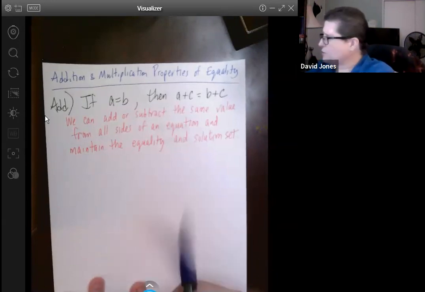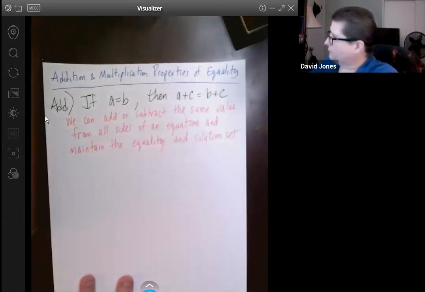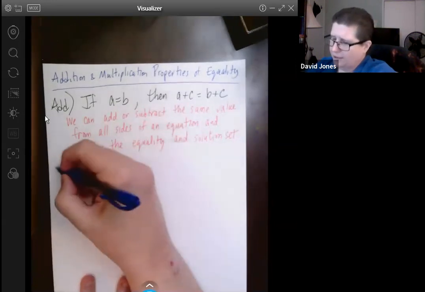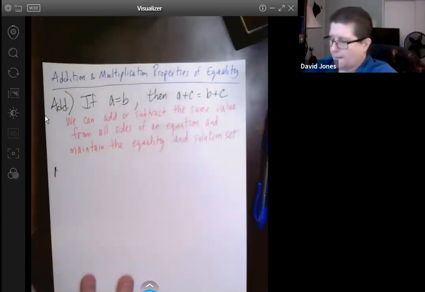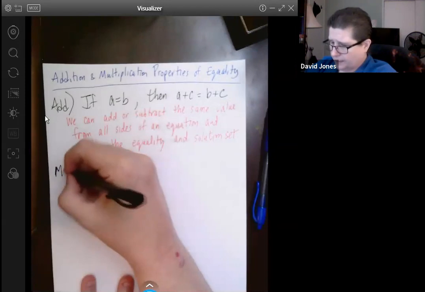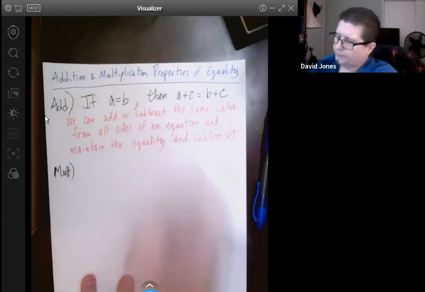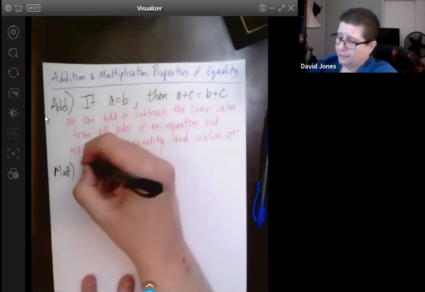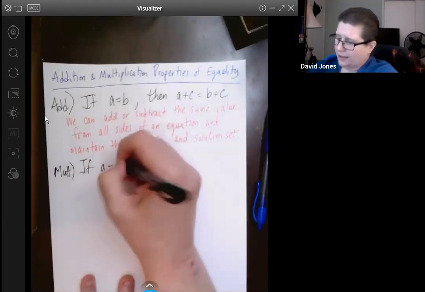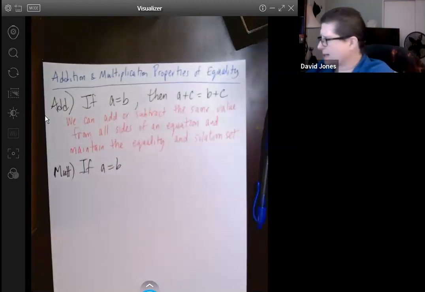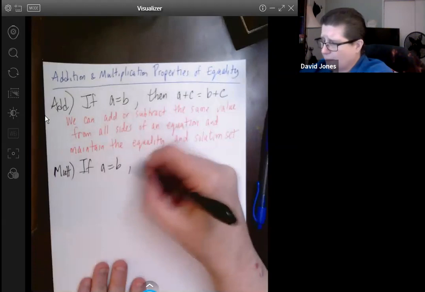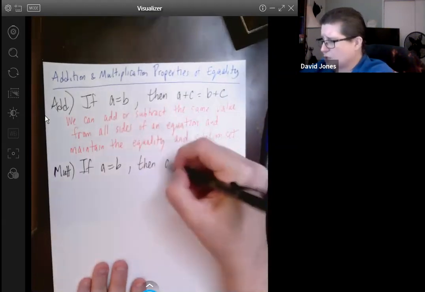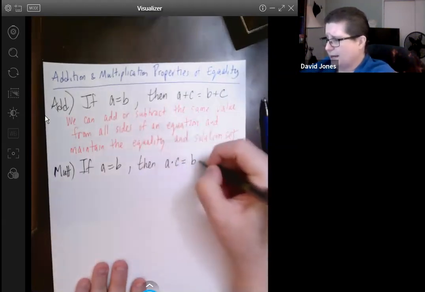The multiplication property, very similar. Again, if A equals B, if the left side of the equation equals the right side of the equation, then I can multiply both sides of the equation by the same value and they remain equal.